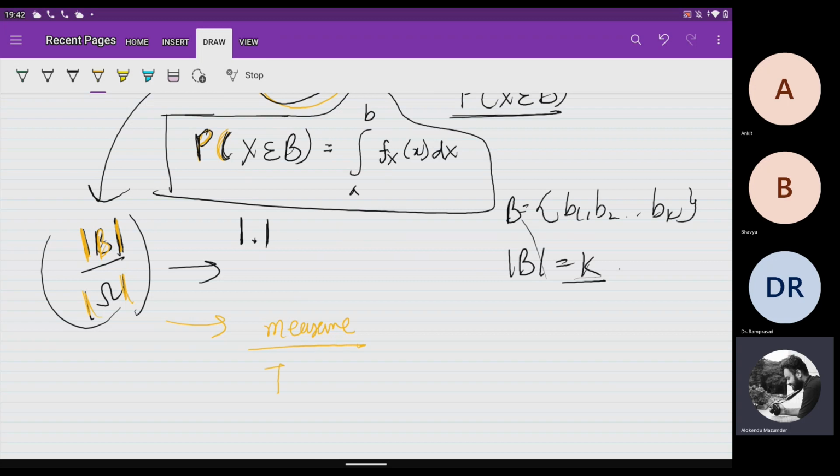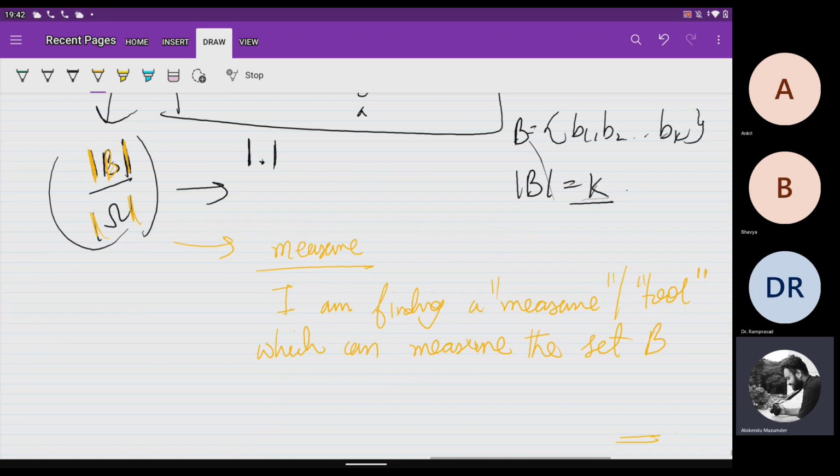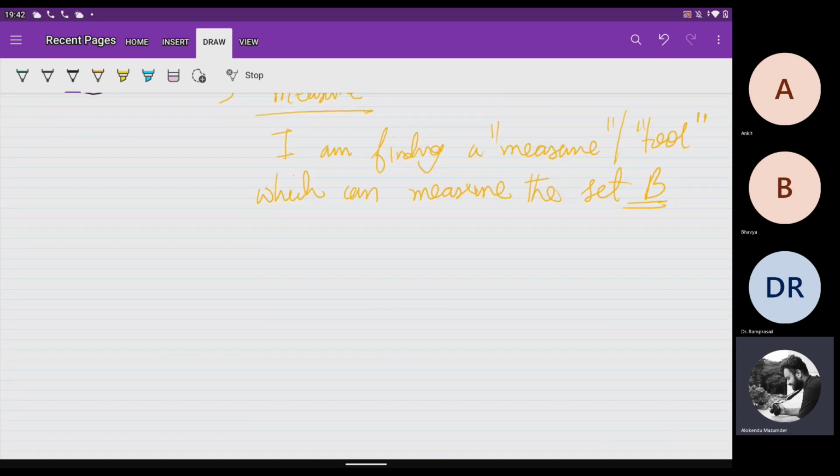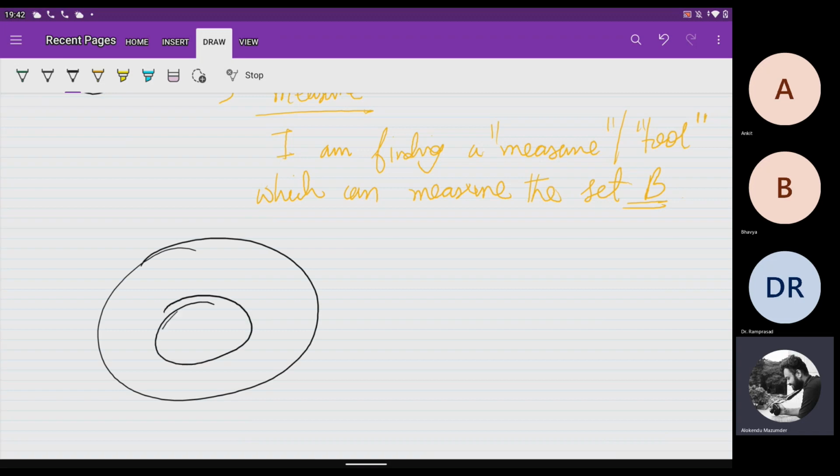So basically, I am finding a measure, or a tool, which can measure the set B. If I have this particular thing over here and this is the set B, and I'm interested in finding the probability of the set B, and let's say I am not provided with any probability density function, then I will define some measure.